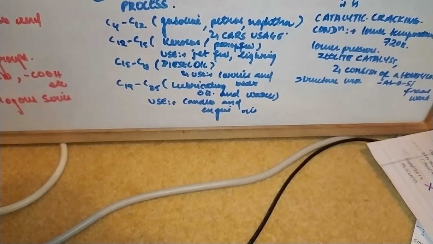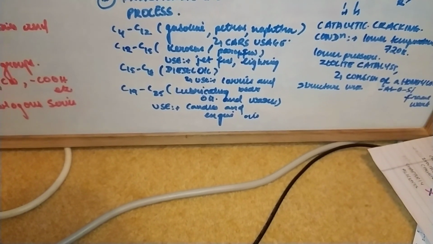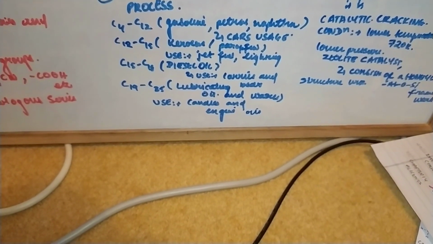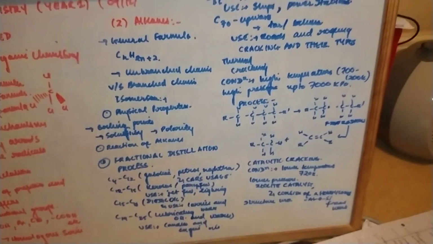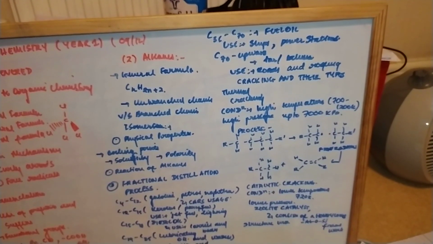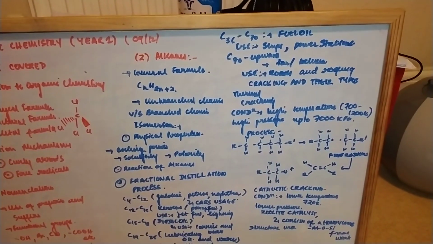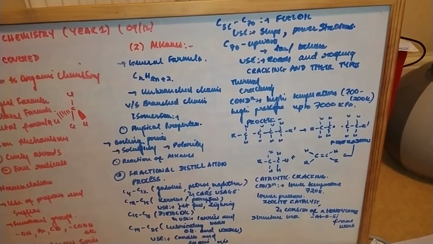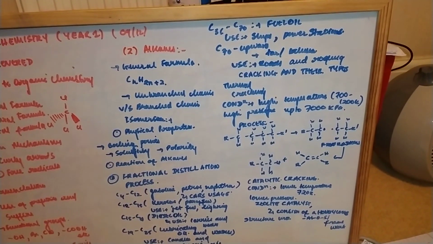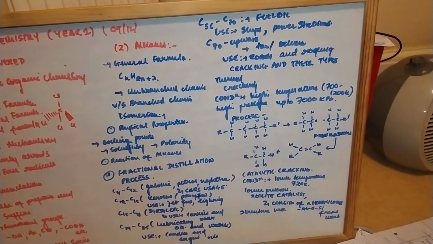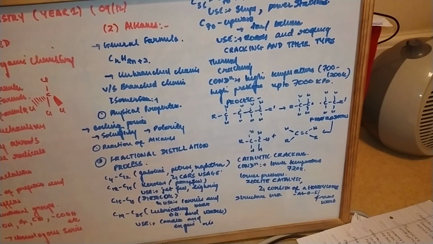Moving on to carbon 19 to carbon 35, this is used in lubricating oils and in waxes, with uses in candles and engine oil. Now, carbon 36 to 70 leads to the formation of fuel oil, used in ships and power stations. Which leads us to the formation of the carbon 70 onward compounds.